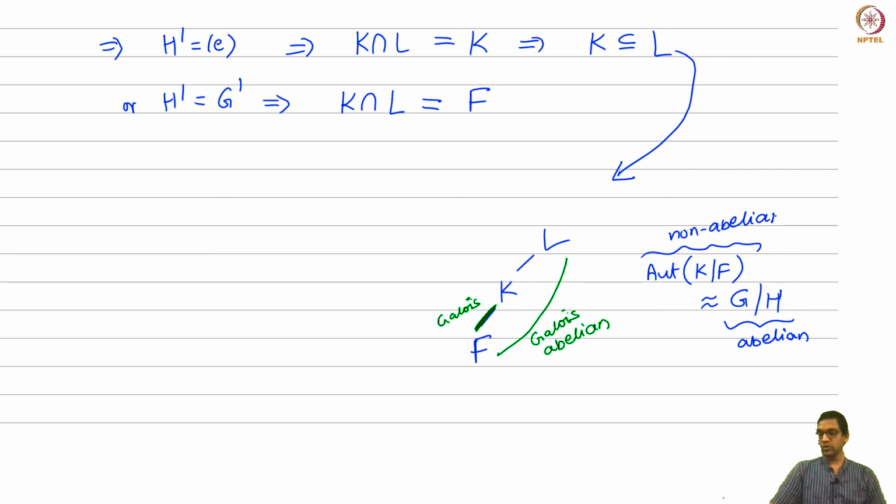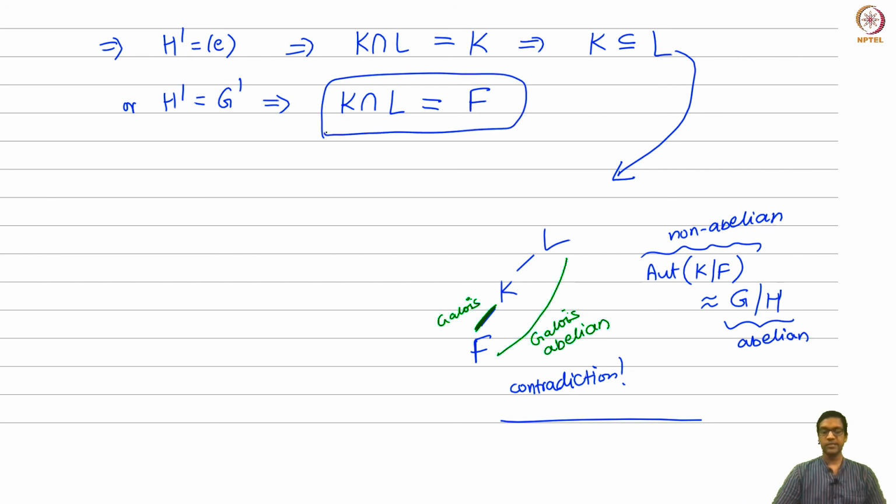So we've used both hypotheses, that it is non-abelian as well as simple. So that's a contradiction, and this case can't arise. It tells you that K can't be a sub-extension of L. Therefore, the only option is this one, which is that K intersection L is F itself.